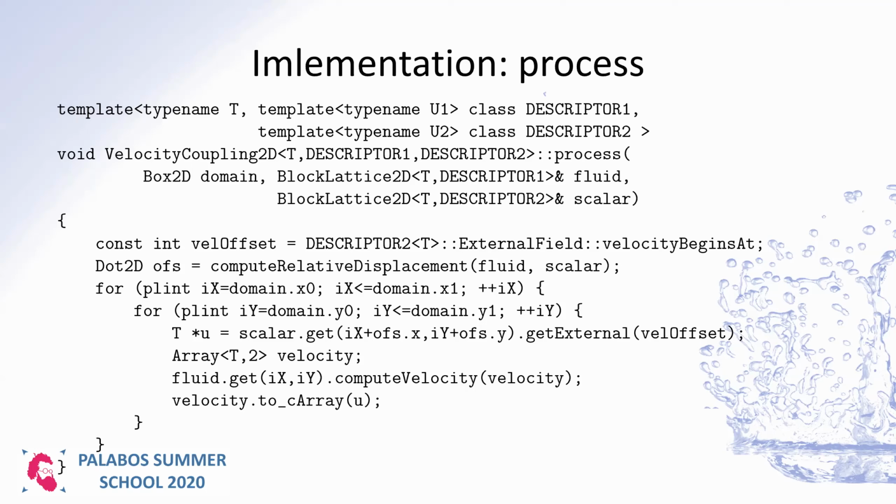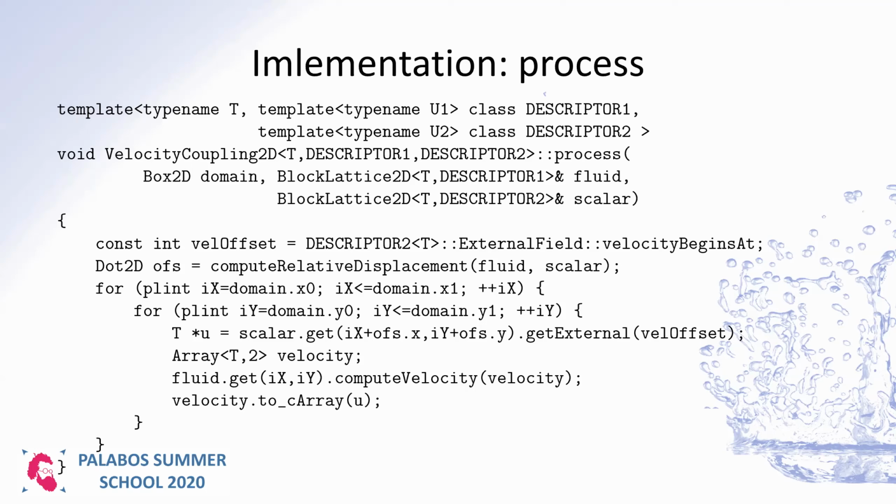So every cell has essentially in 2D 7 values, where 5 are for the populations and 2 are for the velocity. So we are going to write the fluid velocity into these 2 velocity values, and then the local collision step is going to use them to compute the equilibrium and implement the lattice Boltzmann scheme.